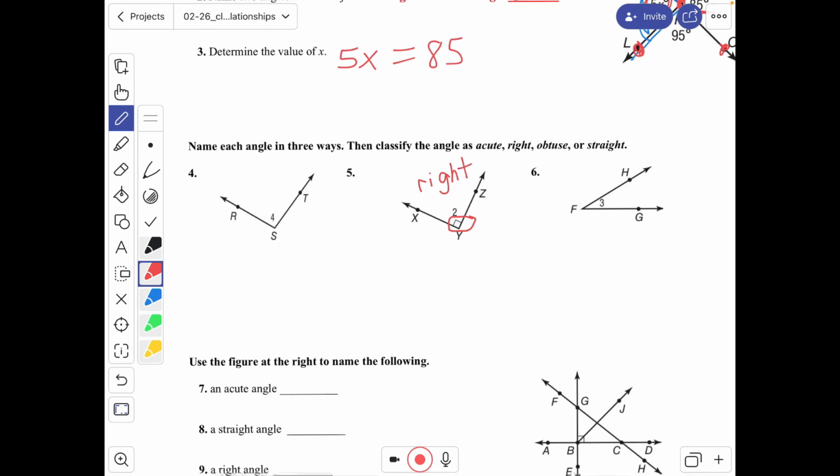So you might need to use the corner of your paper to see if number 4 is actually right, acute or obtuse. And you also need to name it in 3 ways. So angle RST, angle TSR, notice the vertex is in the middle, or it could be angle 4.